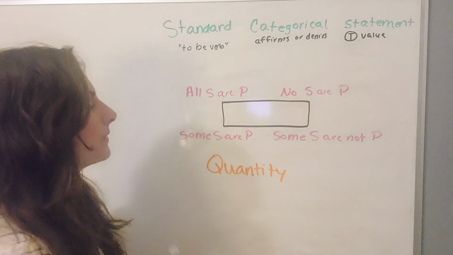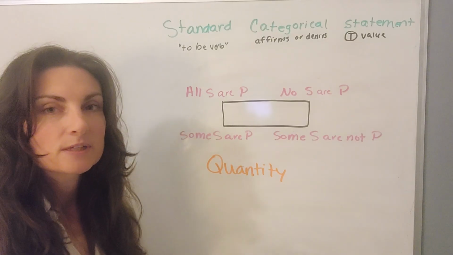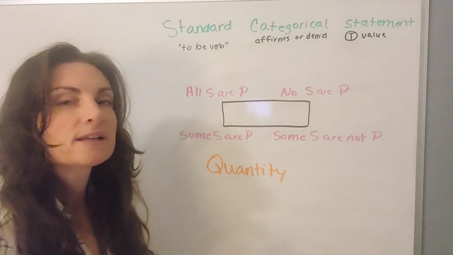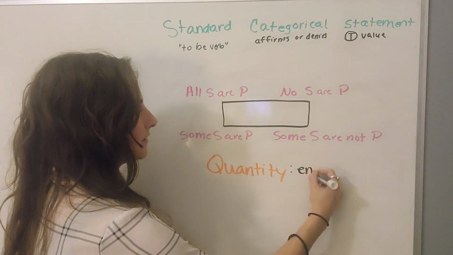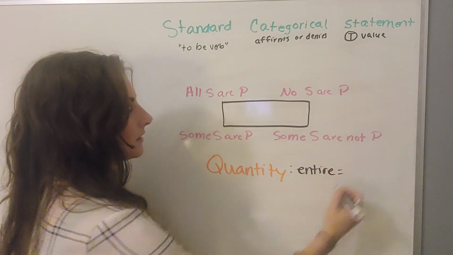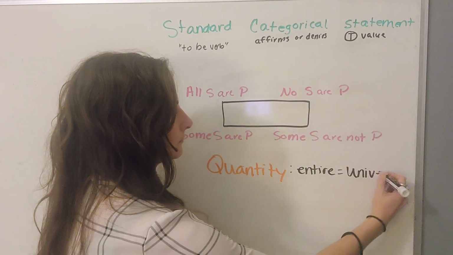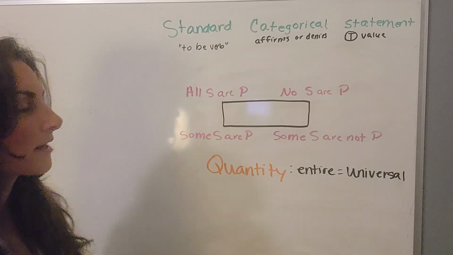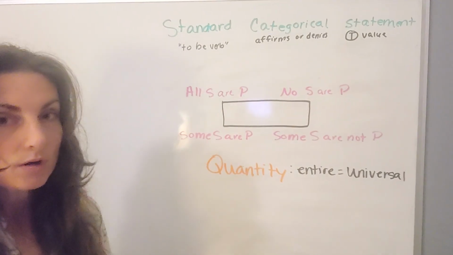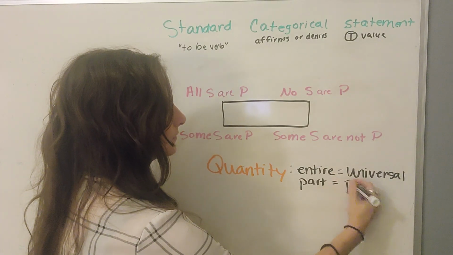If it's talking about the entire extension, because remember the extension has to do with everything that's included in that term, it's going to be universal. And if we're talking about just a part of the extension, it's going to be particular.